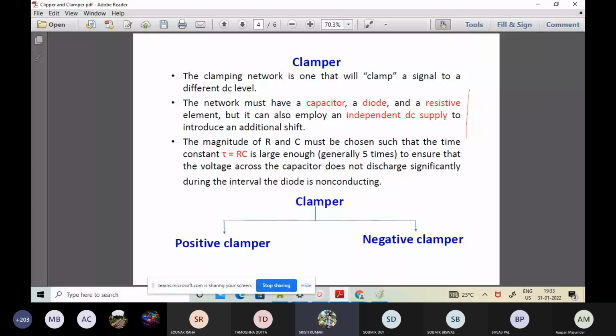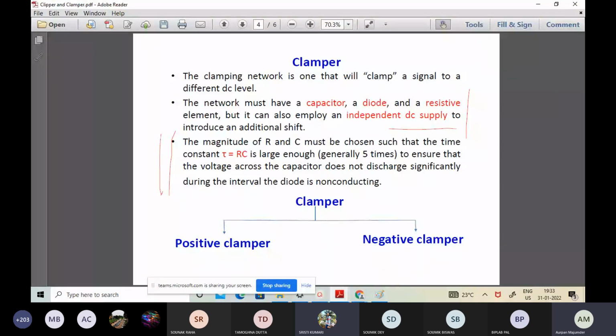Now, if you want to put in some additional DC shift, then you have to go for another DC supply. As I was talking about, the magnitudes of R and C should be very high. This is a crucial requirement in the clamper scenario, so that the capacitor, once it charges to the maximum value, doesn't discharge.